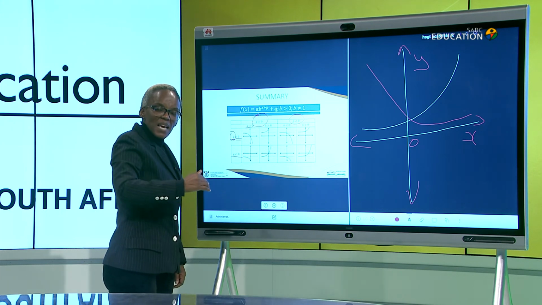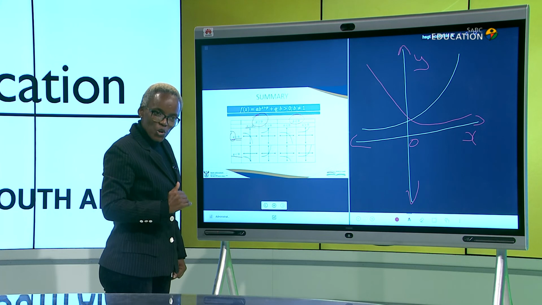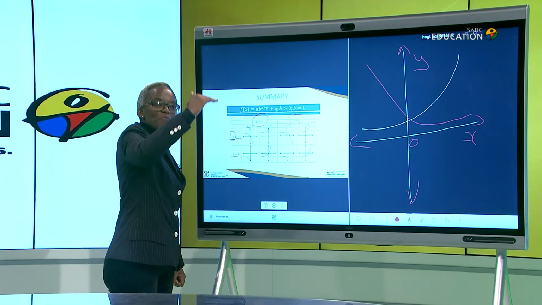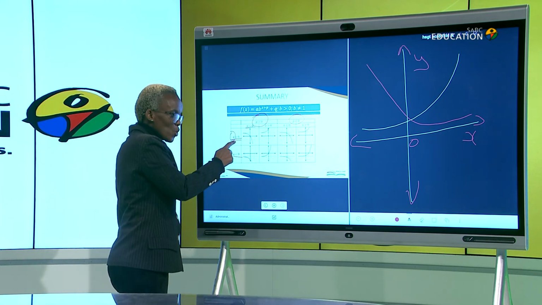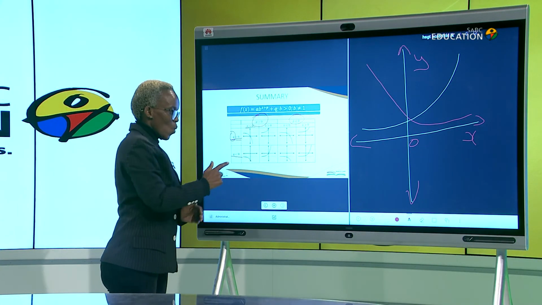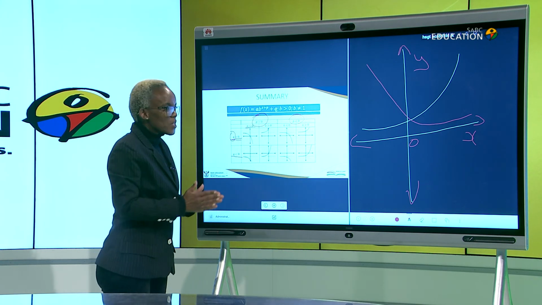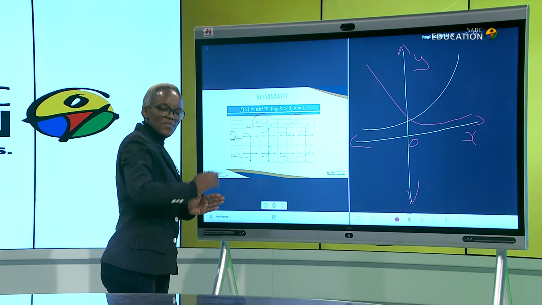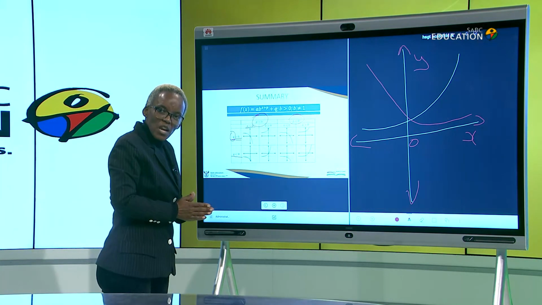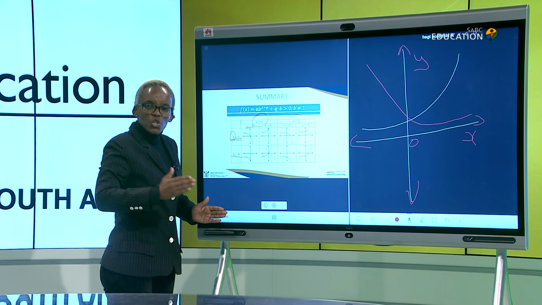Q will shift the graph up and down. When Q is positive, the graph will shift upward. When Q is negative, the graph will shift downwards. When P is positive, greater than 0, it will shift to the left. When P is less than 0, it will shift to the right.